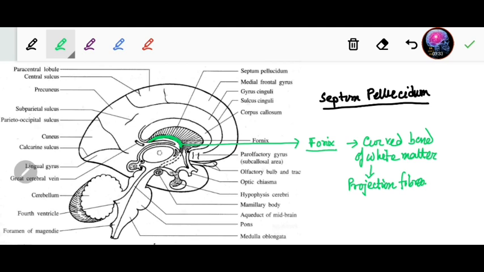Projection fibers are those fibers which connect the cerebral cortex with subcortical grey matter. The fornix consists of a body, crura and columns. So the fornix has got this part: body of fornix, crura of fornix and column of fornix. Body lies between the crura and the column.